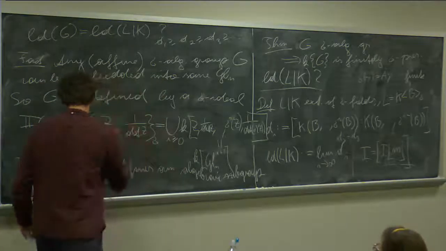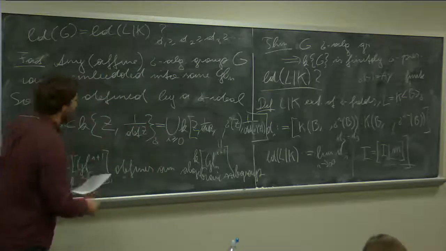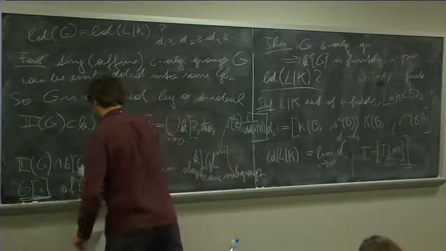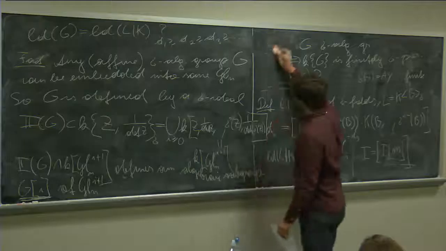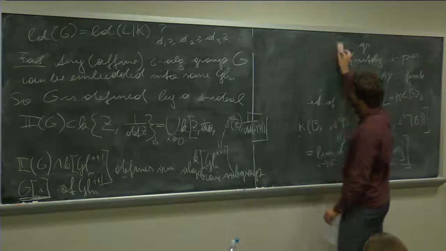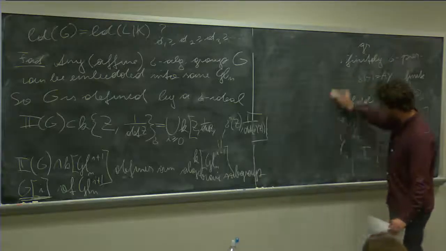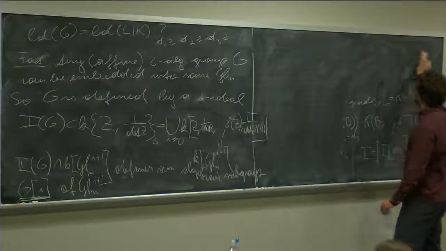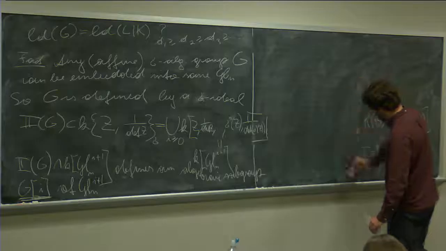So for each order, you have an algebraic group. You might think of them as containing more and more information on G as i increases.